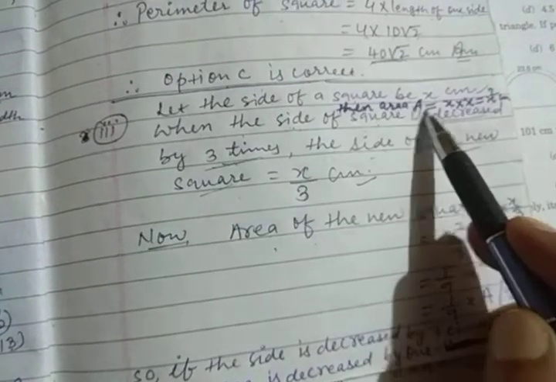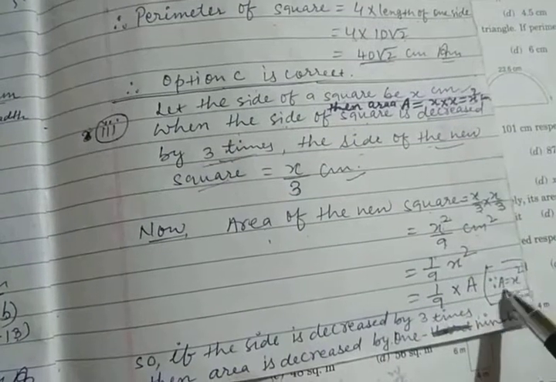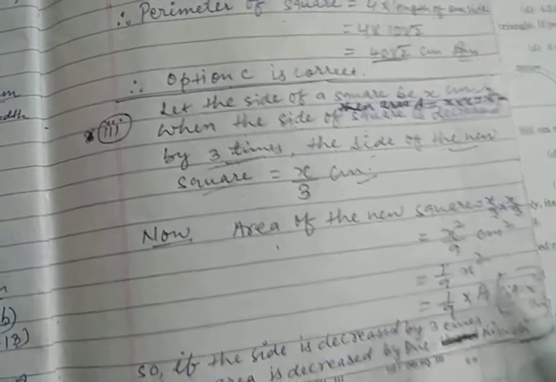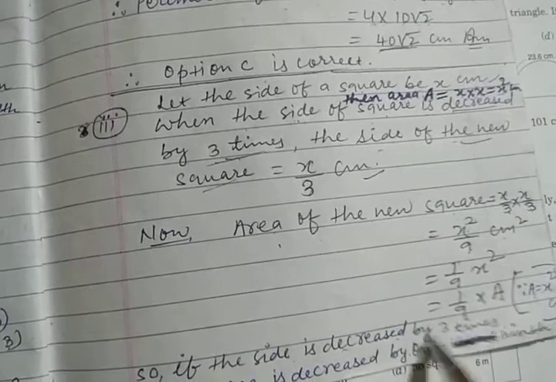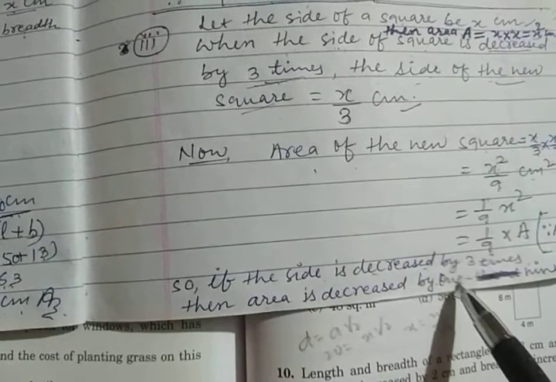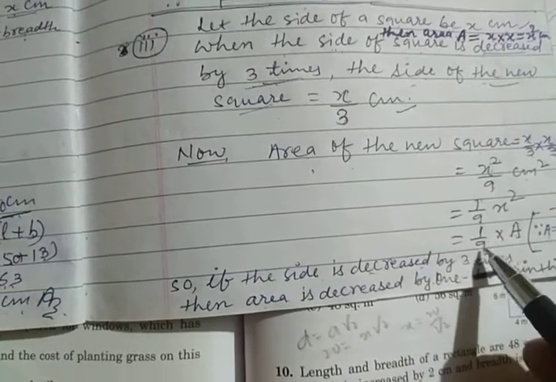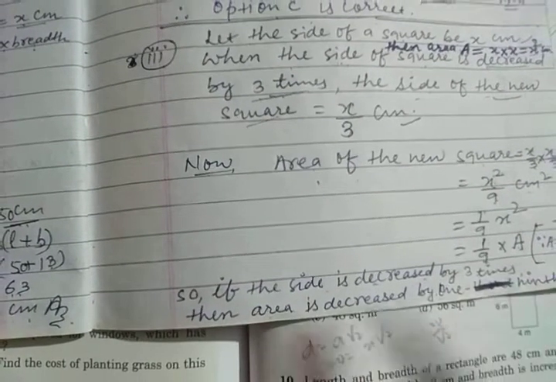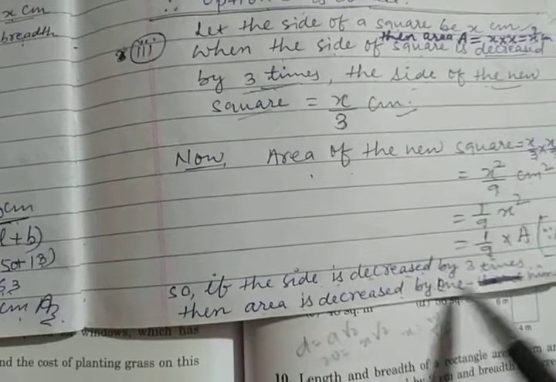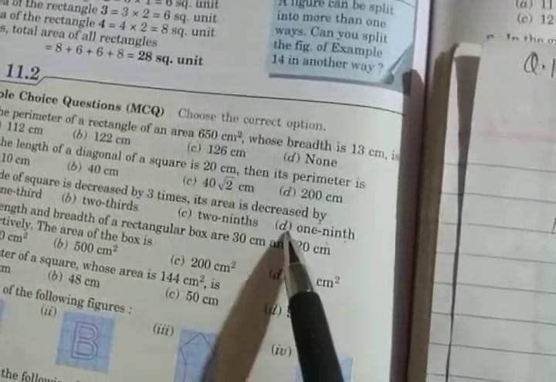So putting A equal to x square, that means 1 by 9 into the area A. So if the side is decreased by 3 times, then the area is decreased by 1/9, that is, 1 by 9th of the area. So option D is correct, 1/9.